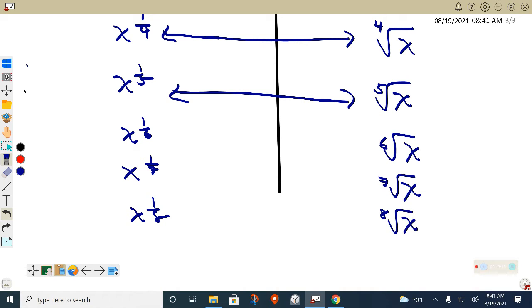Imagine taking the 8th root of something, that's kind of trippy. So far, so good?